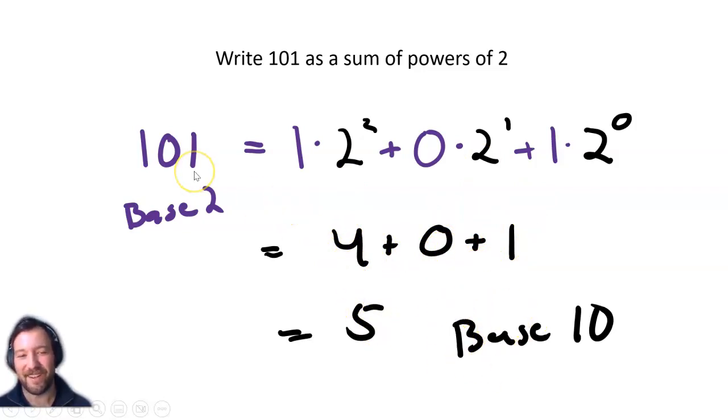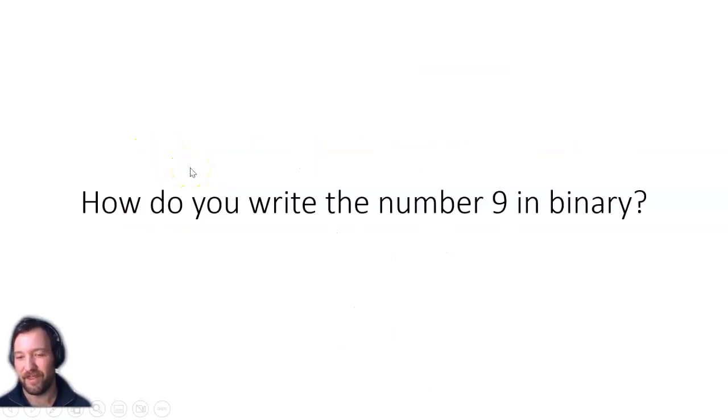So it's kind of a funny thing when you first see it. It's like saying 101, that number is the same as the number 5 over here. But again, it's because the way we're representing the number is different, right? In binary, we're representing using powers of 2, and in decimal, it's powers of 10. In decimal, we have 10 fingers to count with, so we can count to 5. In binary, we only have 0's and 1's to count with.